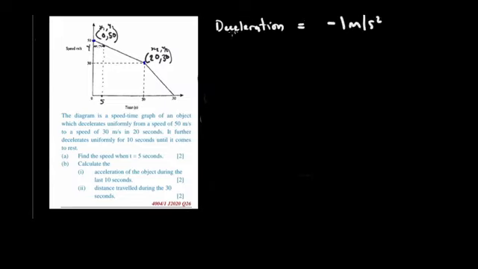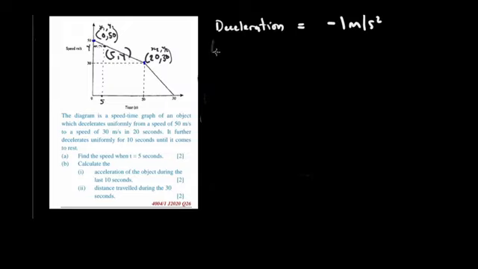And this deceleration is actually the gradient of this line from this point where the x-axis is 0 until this point where the x-axis is 20. Now we know that the coordinates of this point are, putting the x-axis first, 5, and the y-axis, y. We are using y to represent the speed when time is equal to 5 seconds.